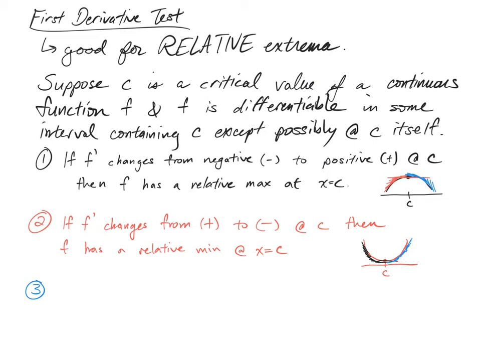And then the following conclusion, or the third conclusion, happens if f prime has no change at c, then there are no extrema at x equals c.